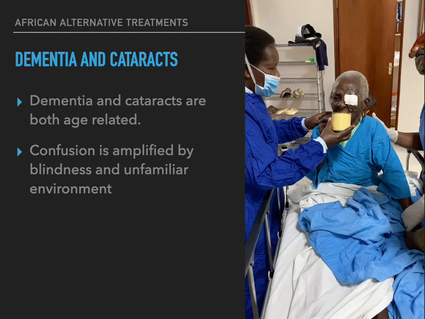So here's a patient with dementia and bilateral cataracts. She had just undergone surgery of the left eye, but her left eye is patched and the right eye still has a dense cataract. She's confused and very upset.